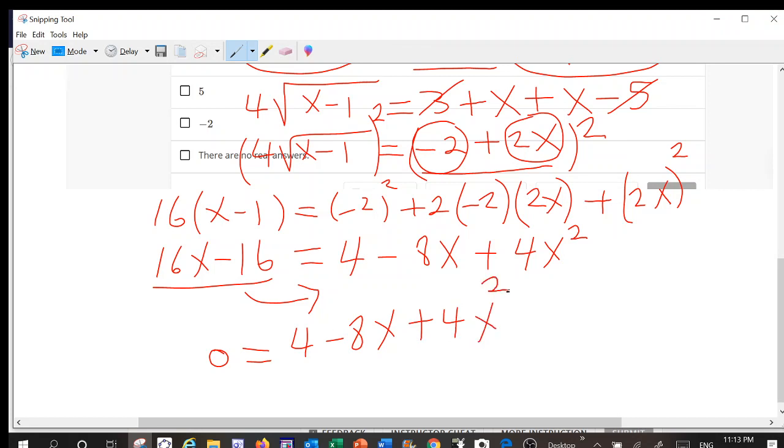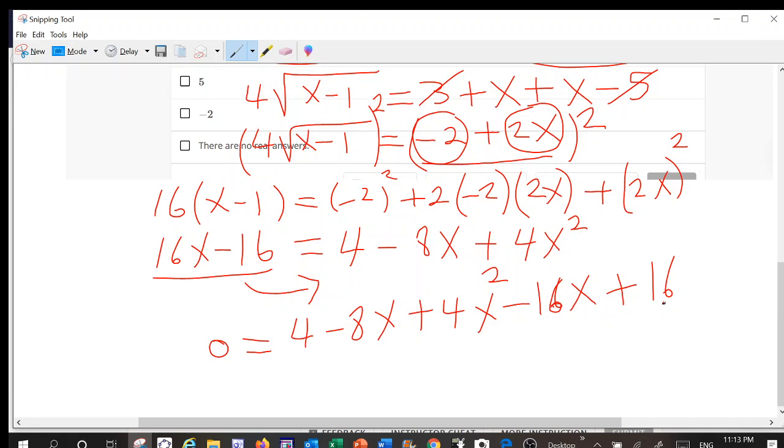And then I'm going to move the 16 to this side, becomes minus 16x, and then plus 16. All right, now we got the 4 and a 16, that gives you 20. Then we got 4x squared and 16x minus and 8x minus, that's minus 24x. And then remember we had plus 20. So we got all of those equal to 0.